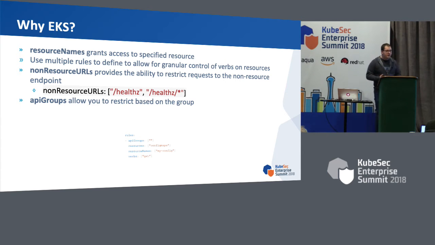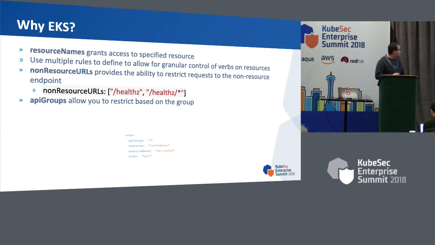Then you have non-resource URLs, which provides you the ability to restrict requests to the non-resource endpoint. And here's an example of non-resource URLs for you over there. This is just an example right there.